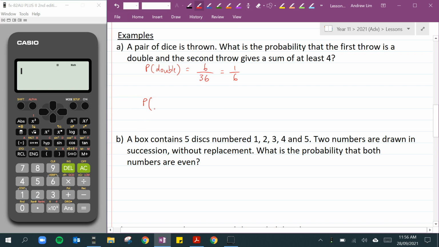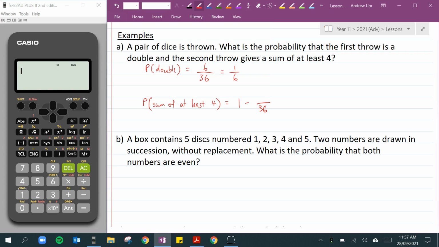What about the probability of having a sum of at least 4? Instead of calculating all the ones where the sum is at least 4, it's probably easier to do 1 minus the complement. Out of the 36, which ones add to less than 4?